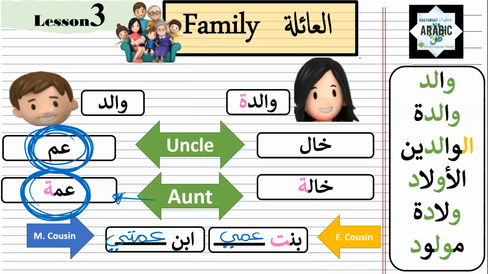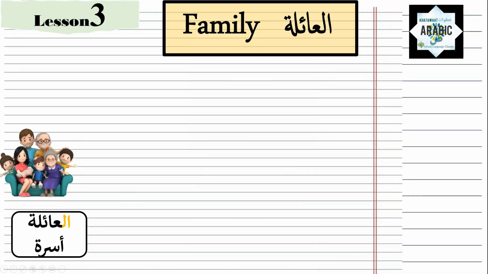And again, this is quite a good opportunity to remember your family members and how you can place them in a family tree. We'll look at examples in real sentences. That way we can practice more.